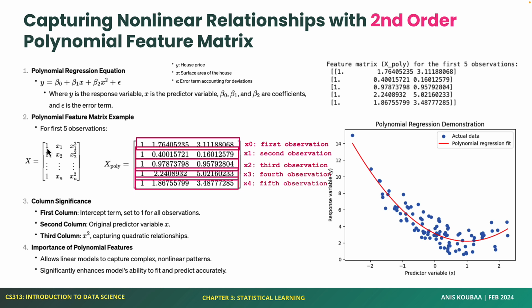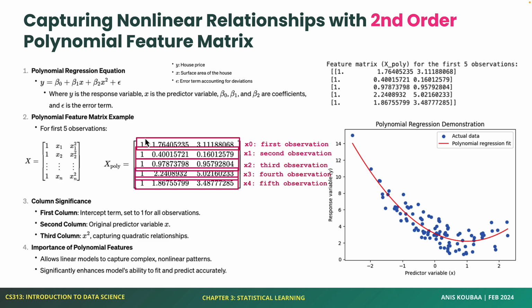It has 1, x, x squared, and this is what I have here. And what do these values represent? They represent beta 0 plus beta 1 x plus beta 2 x squared. So this is the first observation. This corresponds to one of the points here. Now this is another point, and this is another point. So here I have 5 observations, and the degree of the polynomial here is 2.